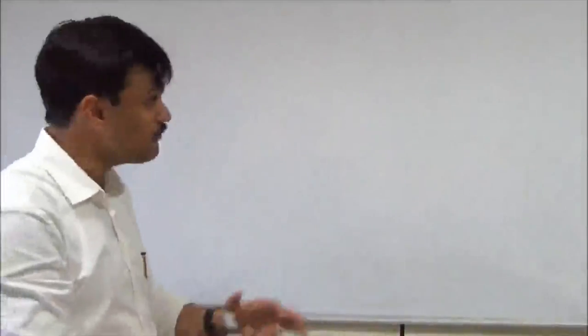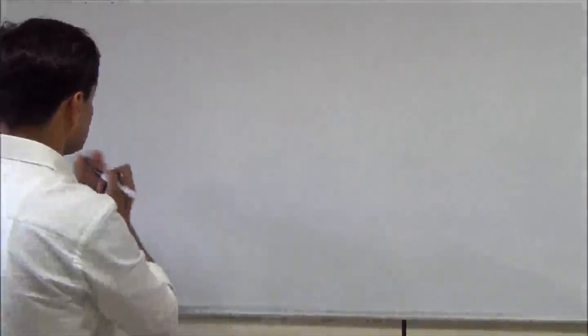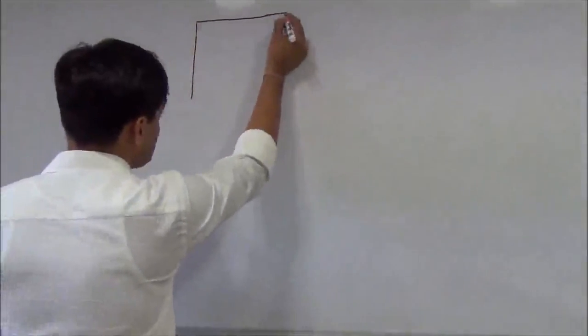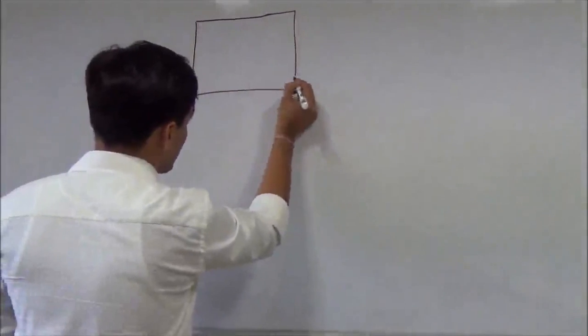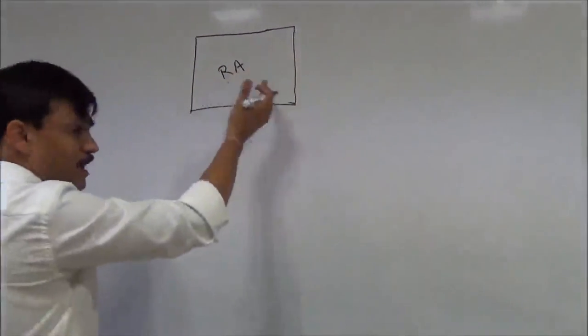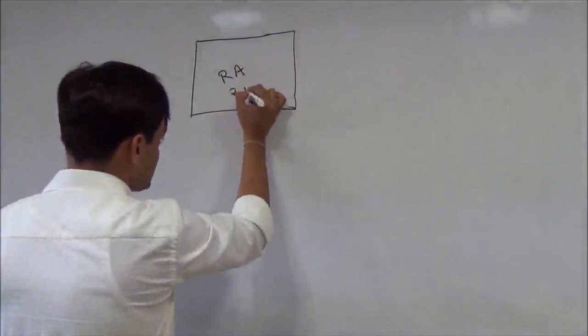If I plot the same thing in an activity diagram method or a network diagram method, it will look like this. We have a first activity which is requirement gathering, or requirement analysis, which will take 2 days.